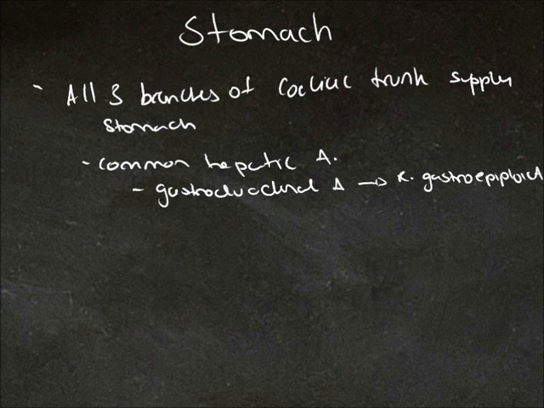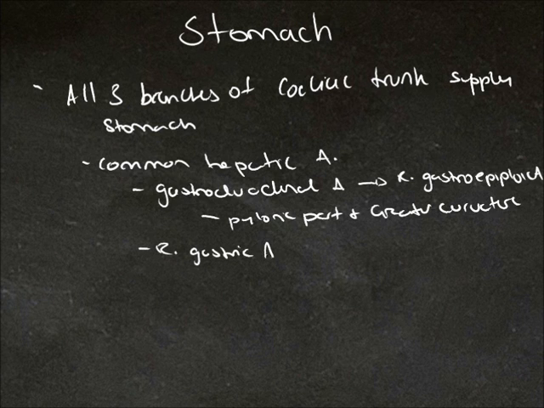And this was supplying the pyloric part of the stomach and the greater curvature. The other branch was the right gastric artery. And this was supplying the lesser curvature.